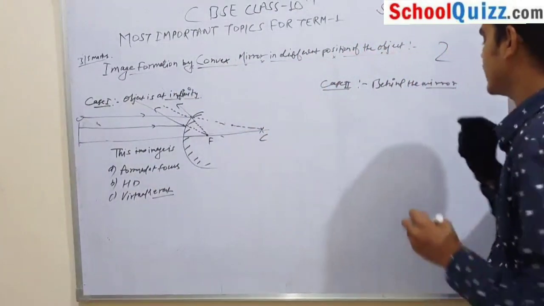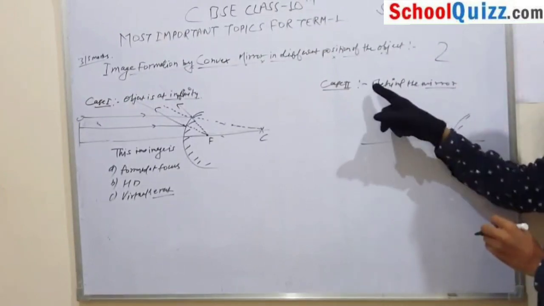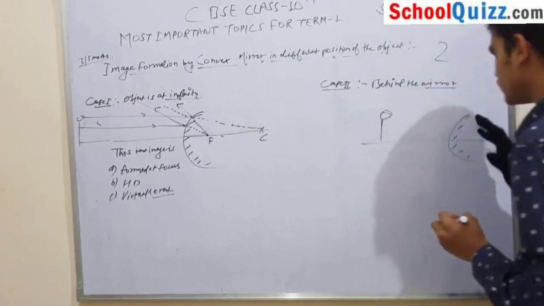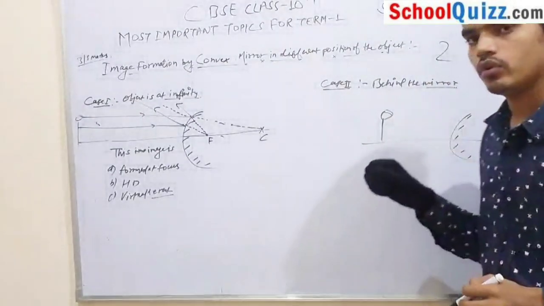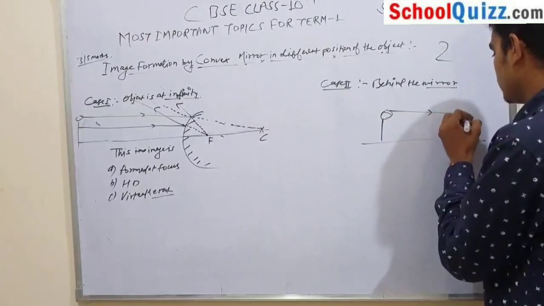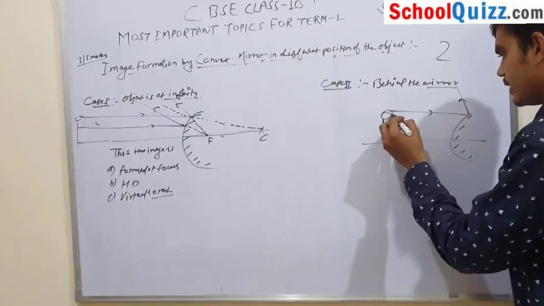What is the second case? This is your convex mirror, and your object is in front of the mirror. Suppose this is your object. We make two rays from this object. The first ray is parallel to the principal axis, and this mirror diverges it.